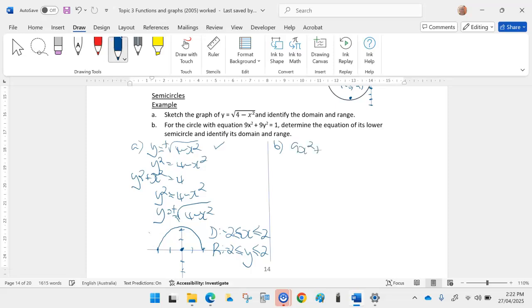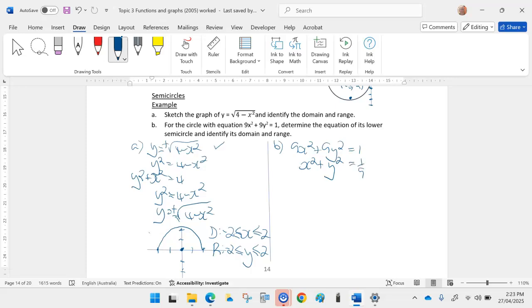9x squared plus 9y squared is equal to 1. Okay, now it would look better just as x squared and y squared. So if I divide everything by 9, I'd get x squared plus y squared would equal to 1/9.